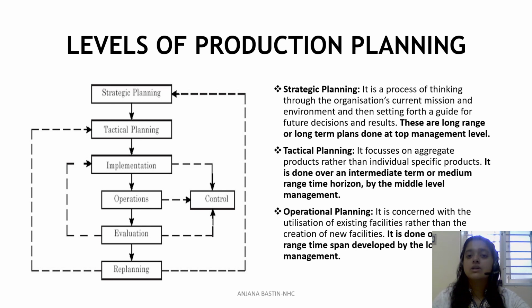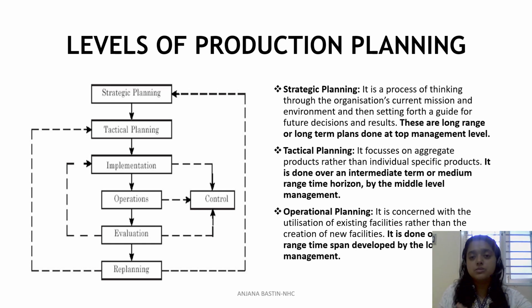So strategic is where you understand the current position of the organization and take steps in order to improve it. Tactical planning is where you focus on the aggregate product, on the final output, or the final number of units which would be produced, rather than the immediate one.